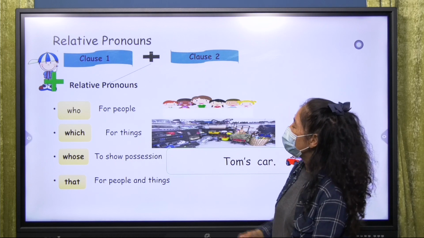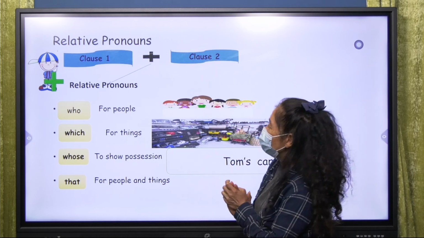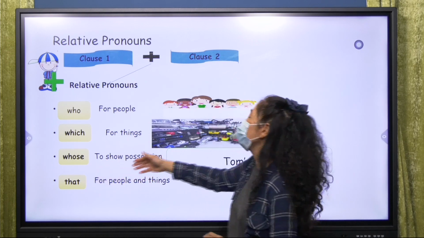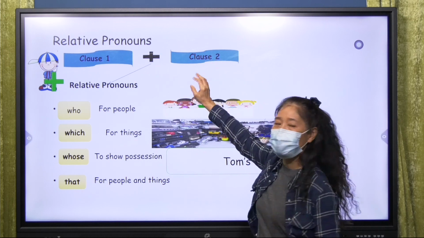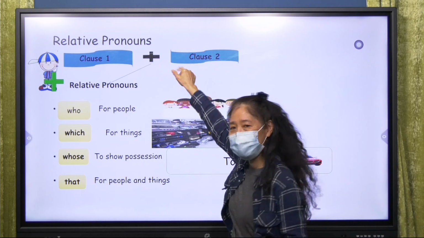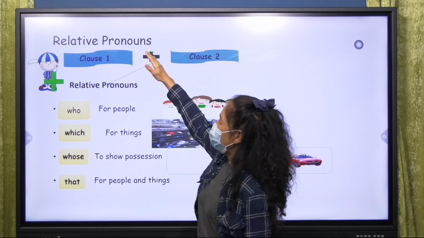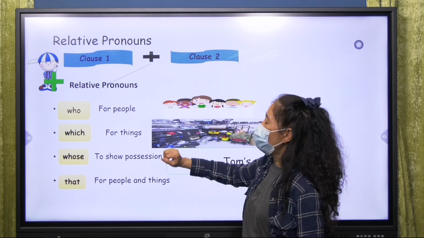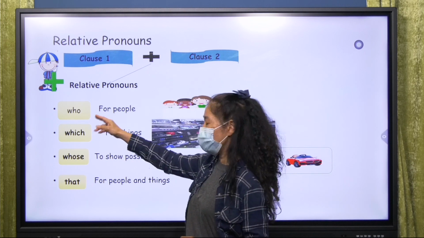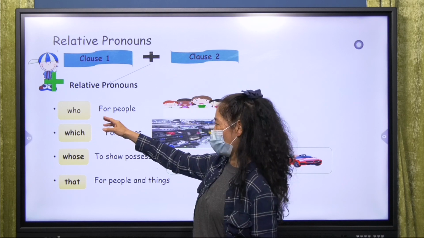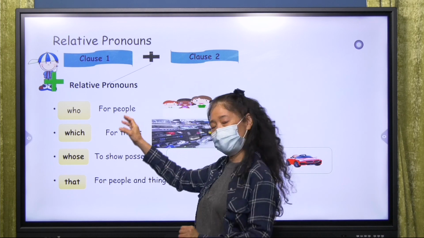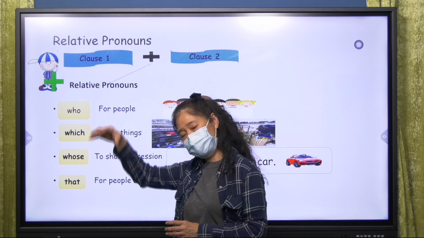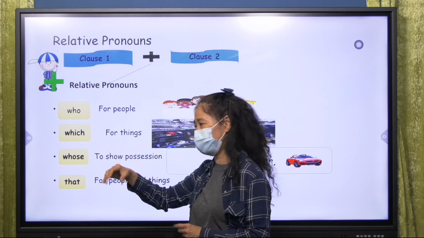So what are they? Number one, you have to make sure of the position. These relative pronouns very often come before the relative clause. That is the beginning word. The first one, who. We use who, this relative pronoun, in the relative clause to show people who have something in common with the main clause.